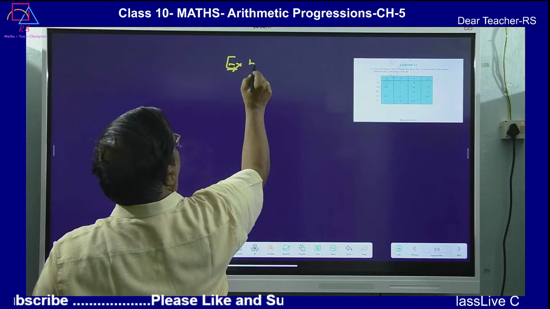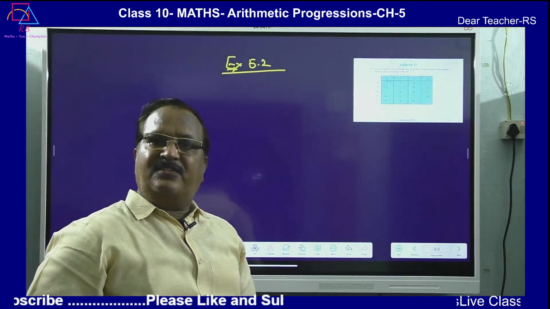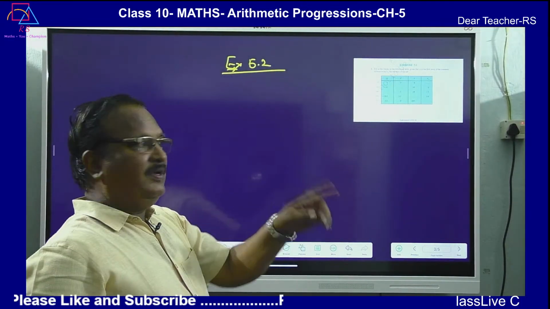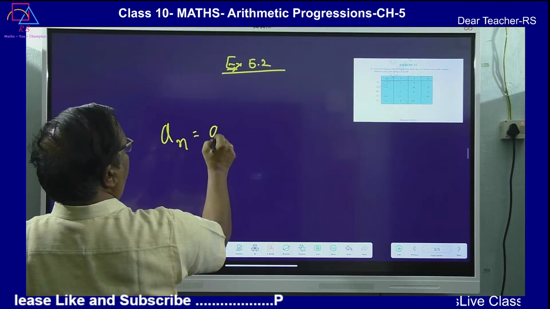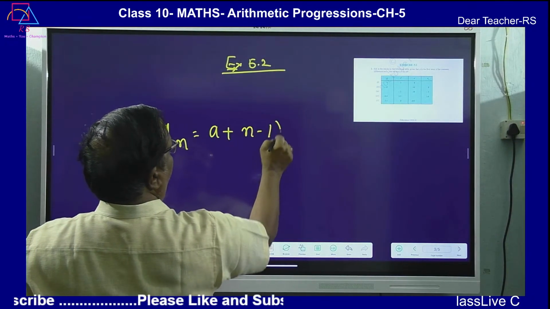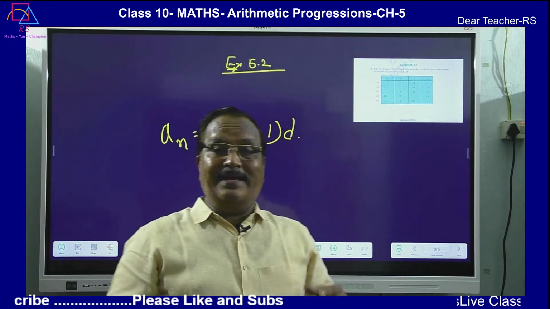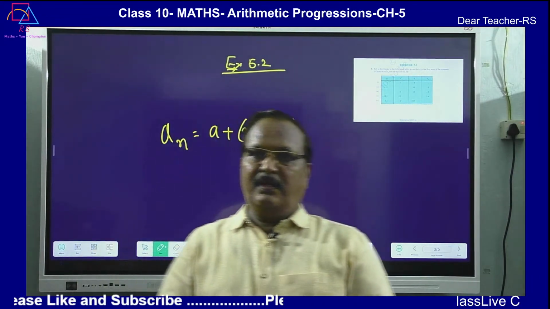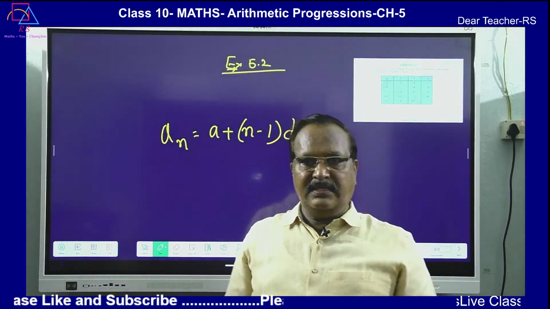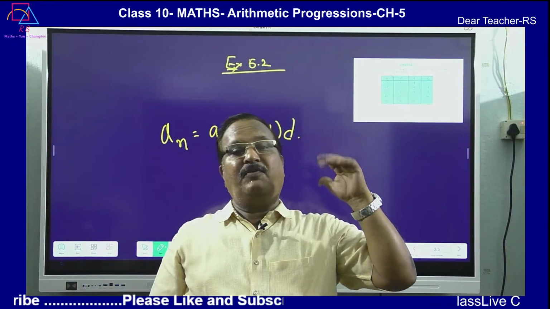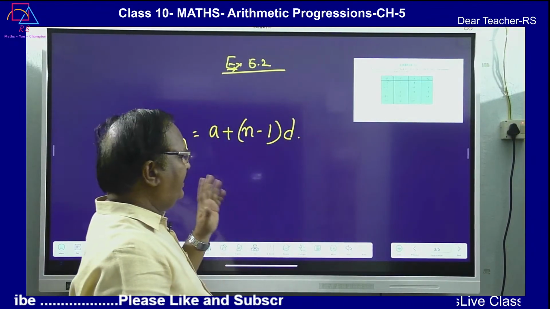In exercise 5.2, only one concept is there, based on an is equal to a plus n minus 1 into d. This is the formula for the nth term. So 5.2 is also designed based on this. Let us understand.